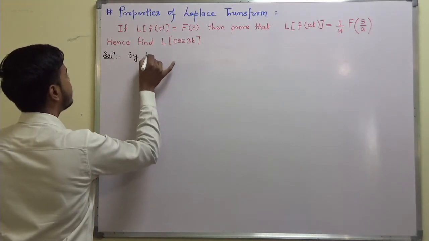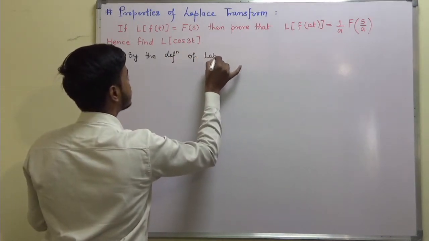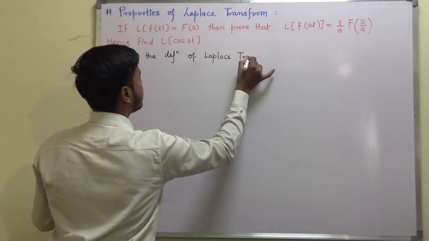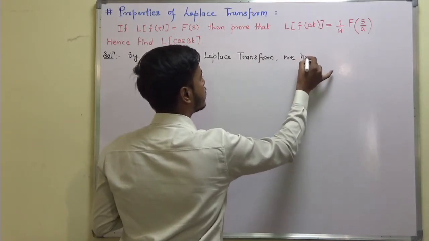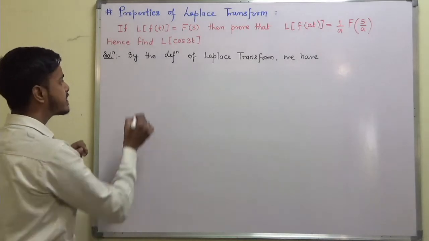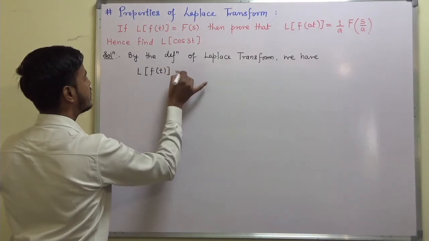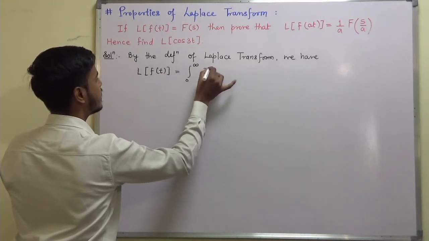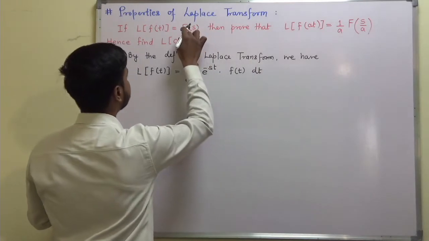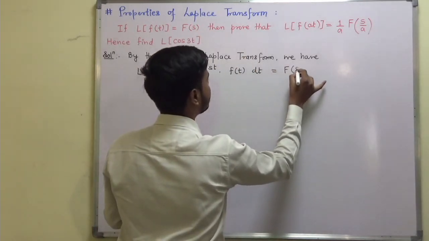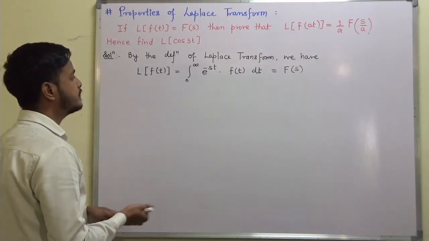By the definition of Laplace transform, we have Laplace transform of f of t is equal to integration 0 to infinity e to the power minus st into f of t dt, and we are given that this is F of s. Okay, so this is the definition.